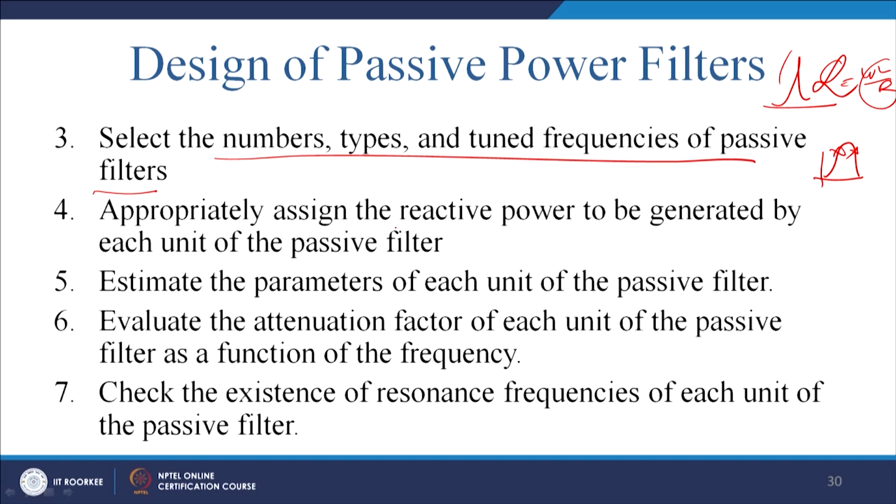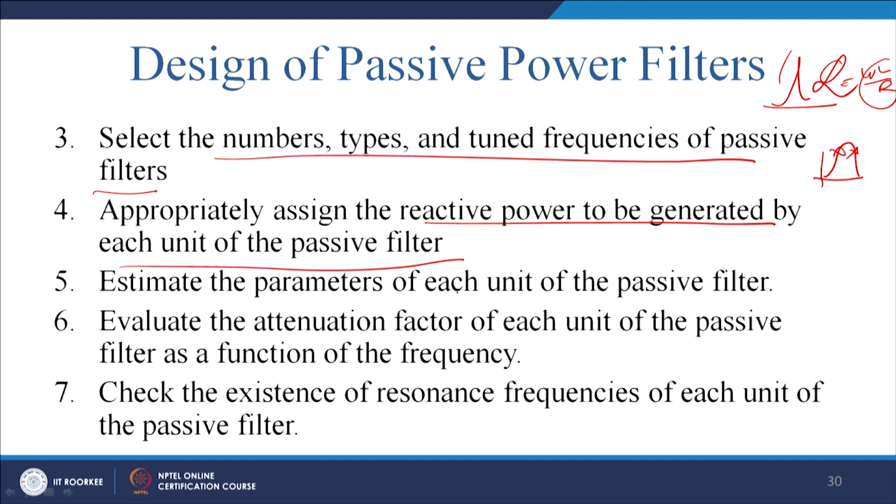Approximately assign the reactive power to be generated by each unit of the passive filters. You know those entities at the fundamental frequency, and you already know its reactive power handling capability. Since you have put in an inductor, that will also add a negative var, but ultimately you have knowledge of how much reactive var will be compensated by it.